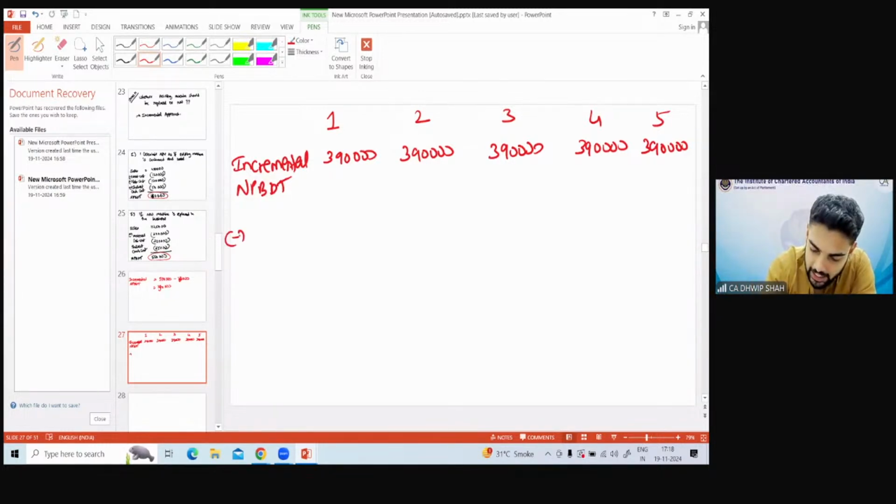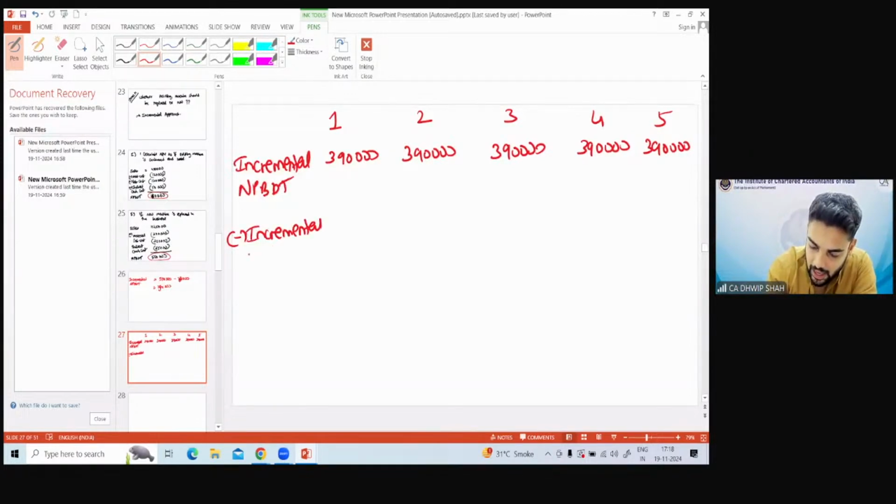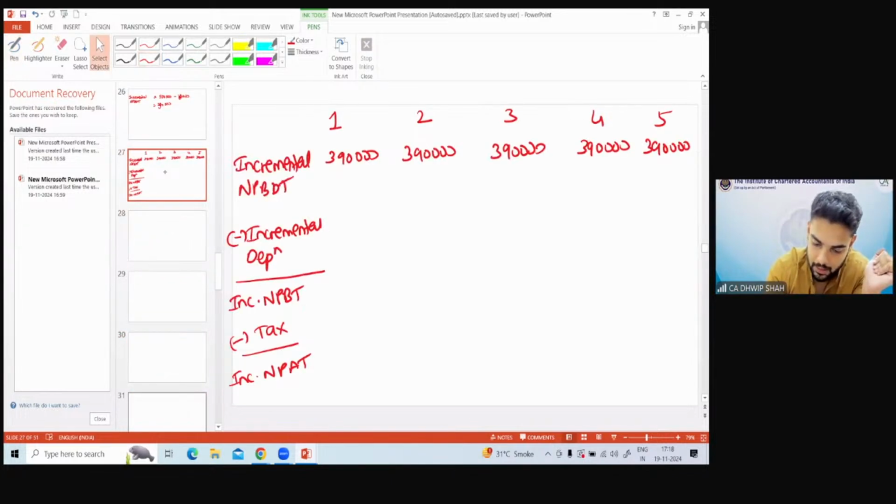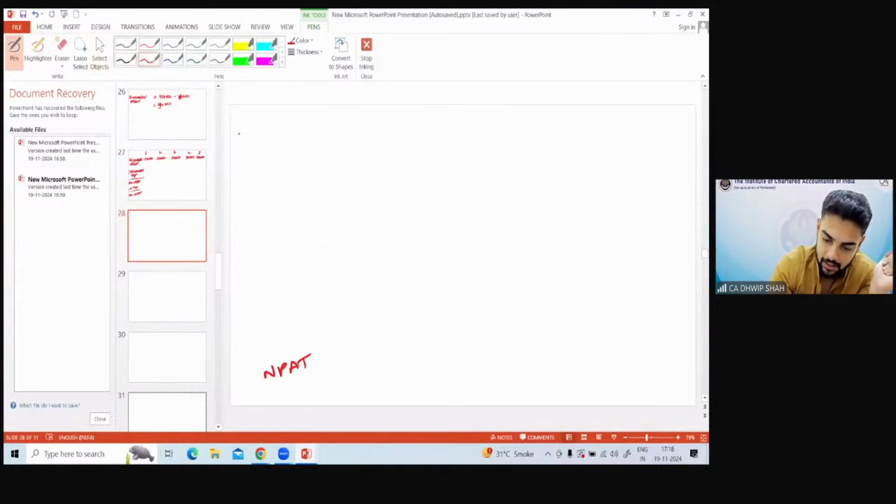From this, I need to subtract incremental depreciation. Are you getting this? From this, I will subtract incremental depreciation and I will get incremental NPBT. From this, I will subtract the tax. So I will get incremental NPAT. Correct? To incremental NPAT, I will add back the incremental depreciation and the resultant figure would be incremental cash inflows.